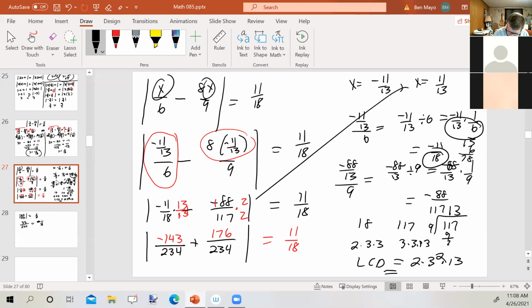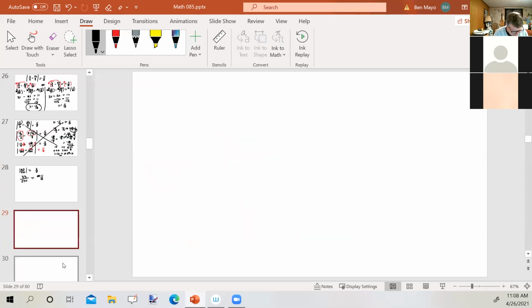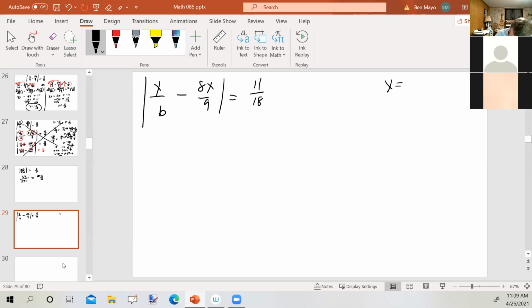Okay, I'm going to go back and check my work again, drag you through this nasty problem. My apologies. Here we go. That's what I get for being in a hurry. All right, so let's take x equals negative 11/13 and plug it in.